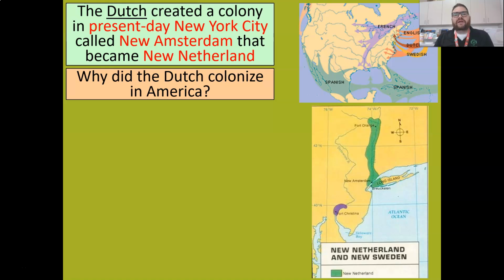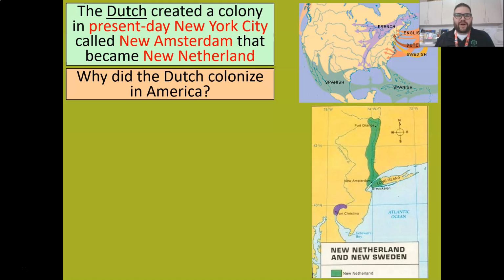There were already indigenous societies and tribes living in Manhattan, and the Dutch had actually taken control of that both through trade and force. So the Dutch created a colony in present-day New York City and called it New Amsterdam. Amsterdam is a city in the Netherlands. And after it was New Amsterdam, it was renamed the New Netherlands. So I kind of already gave you a hint on this one.